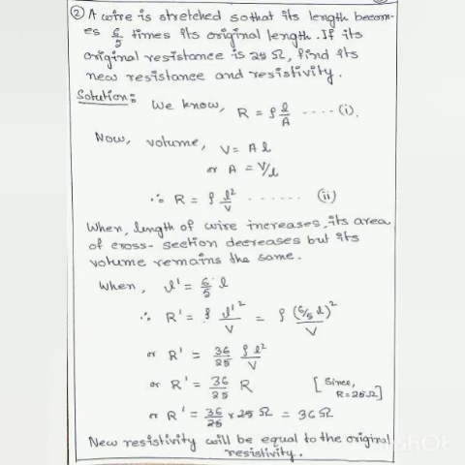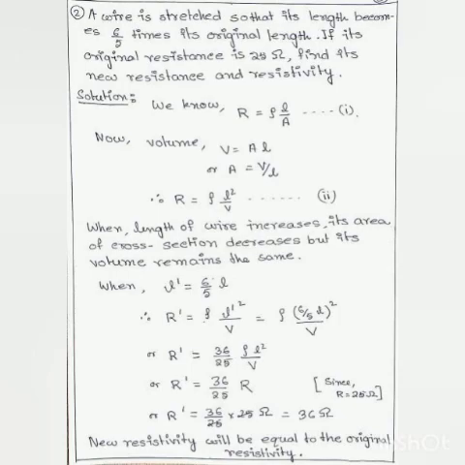So the changed resistance will be 36 ohm. Now resistivity will be equal to the original resistivity. Whatever be the length or cross-sectional area, resistivity will not change. So resistivity will be constant for the wire.